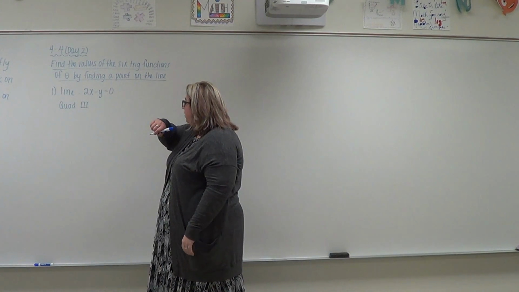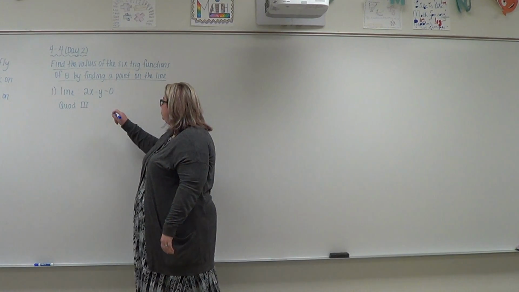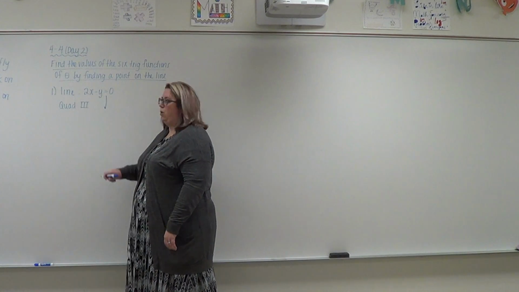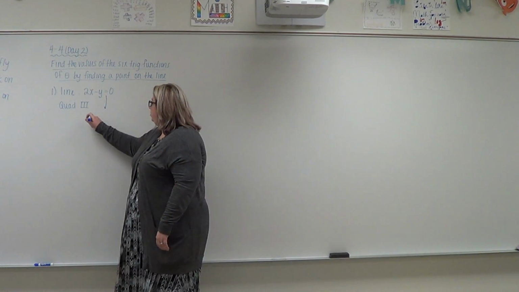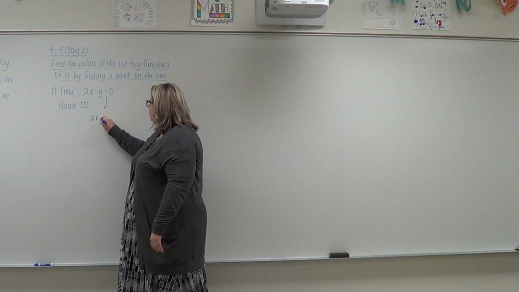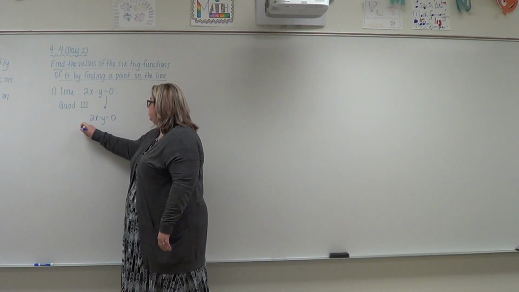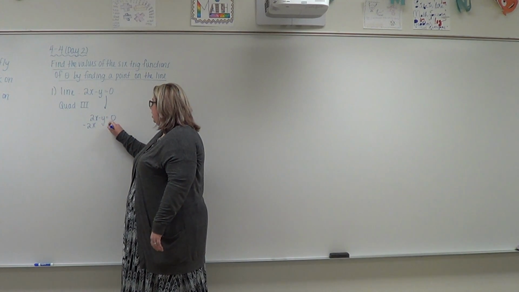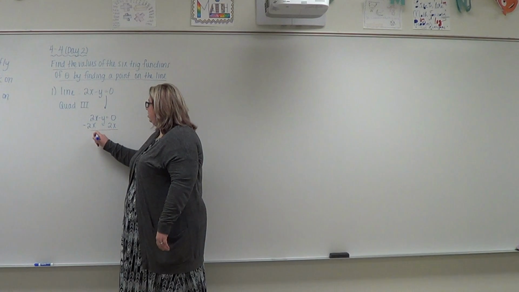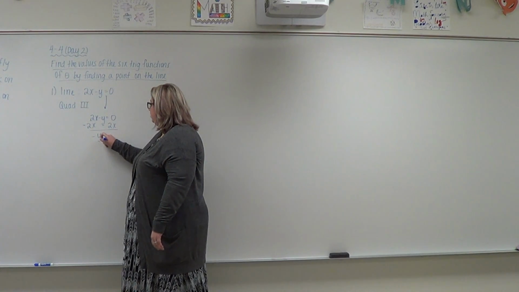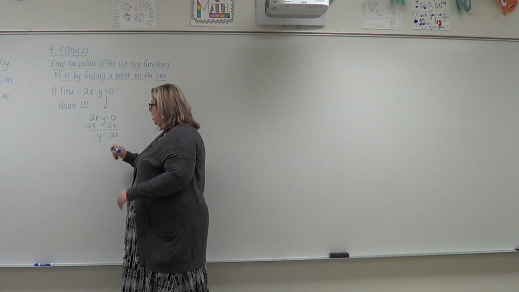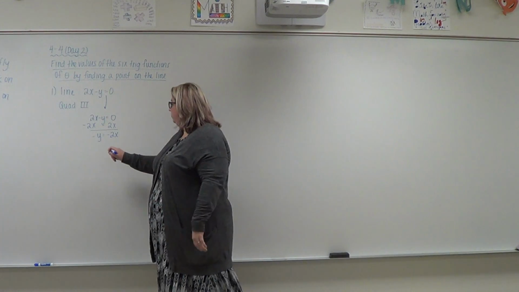Okay, so in order to graph this line, we're going to have to solve this for y. So if I want to solve this for y, the first thing I would do would be subtract 2x. So subtract 2x, and then I would divide by -1.